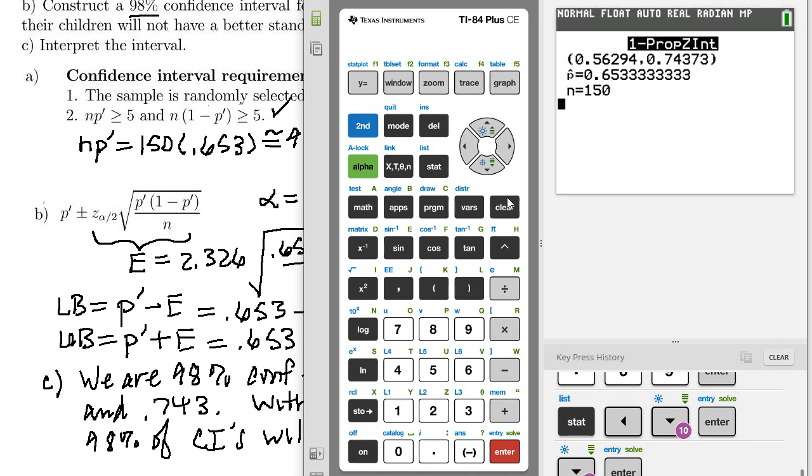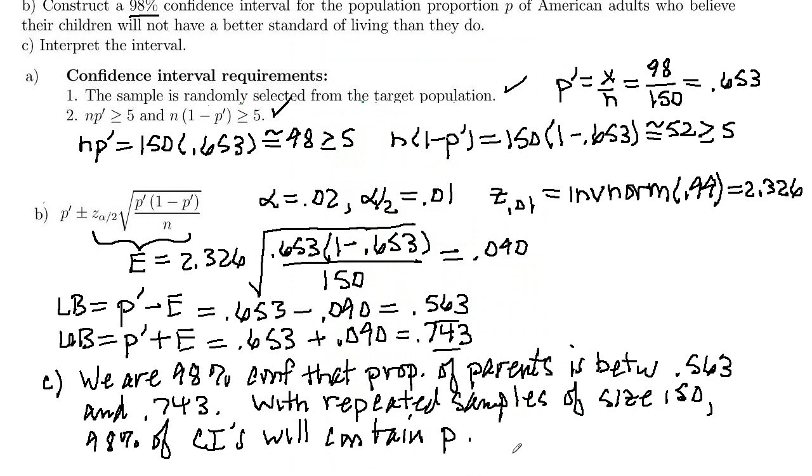Yeah, 744. So 563 to 744 is what the calculator is giving. So 0.563, 0.743, 0.744. So we just have some round off error in the last decimal place. And that's probably because we rounded here to 3 decimal places.